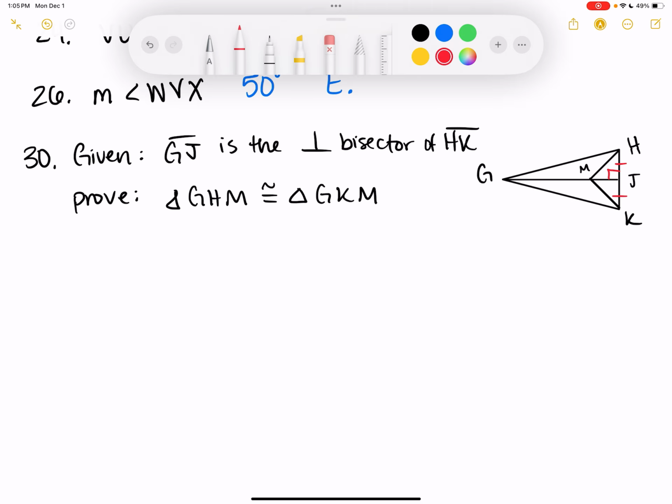All right, so they've already said that GJ is the perpendicular bisector of HK, and we can see that HJ is congruent to JK from the markings given in the diagram. So, set up our proof.